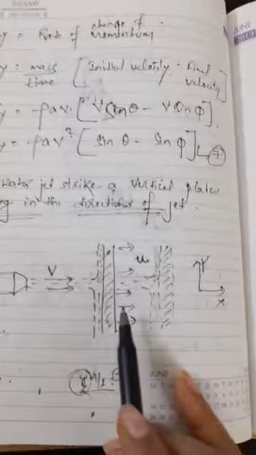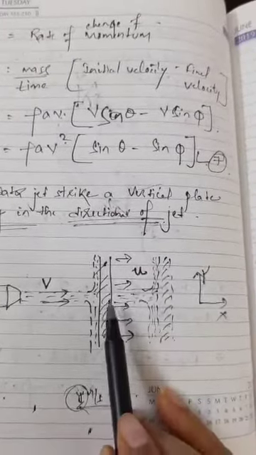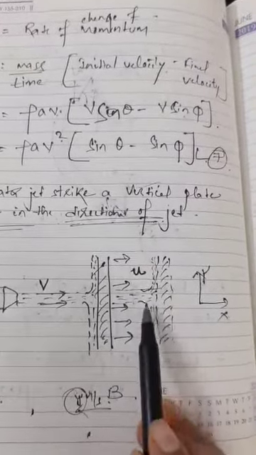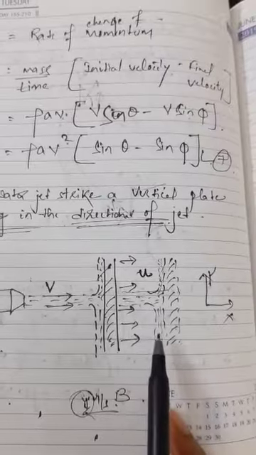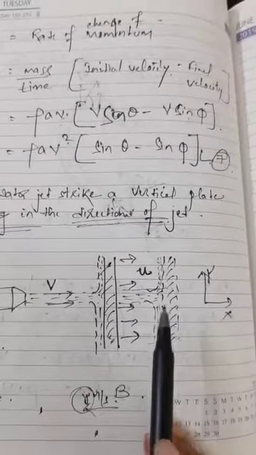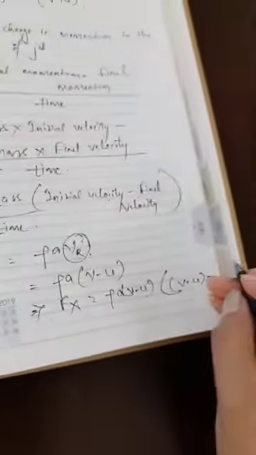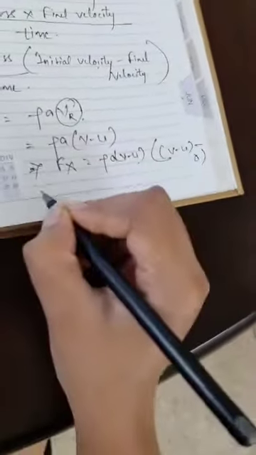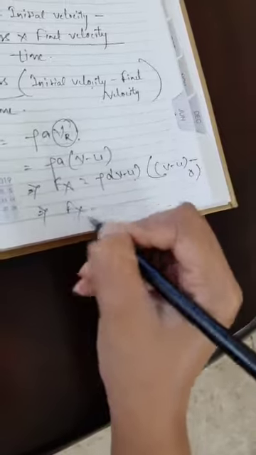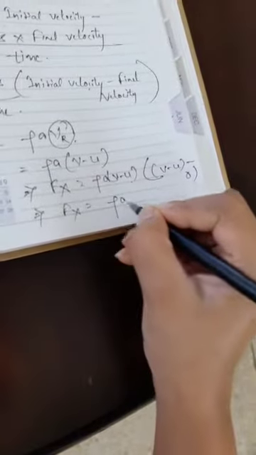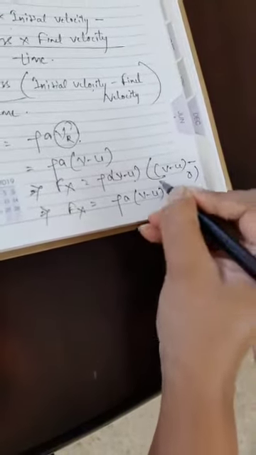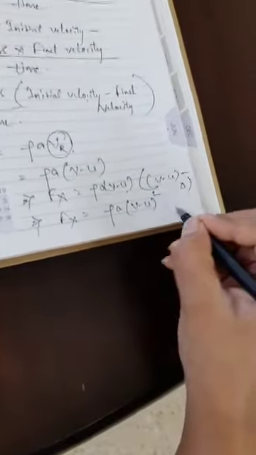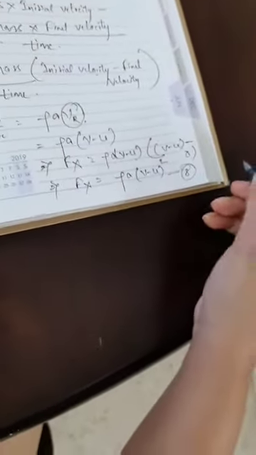As we have to see in the x direction, the water is moving out in the y direction, so there is no velocity in the x direction. That is why the final velocity in the x direction will be taken as 0. So Fx is finally given as rho A V minus U whole square. This is my equation 8.